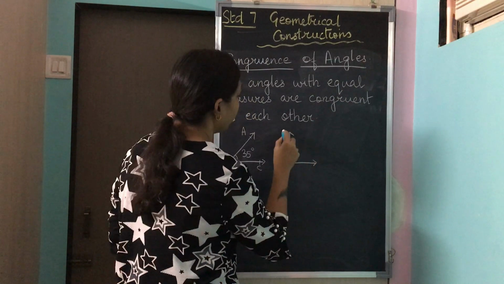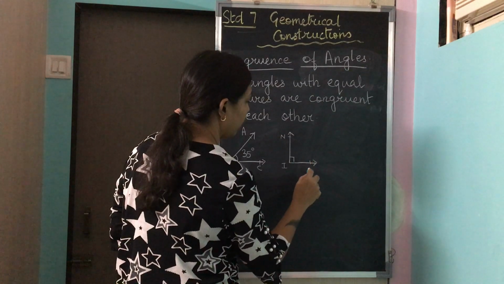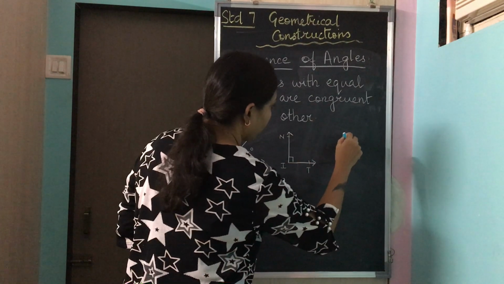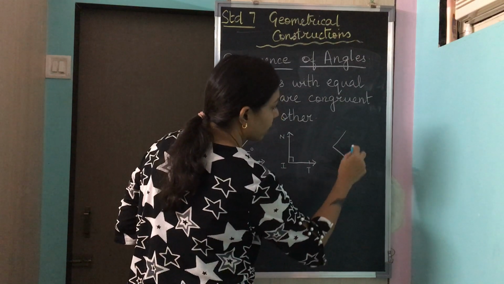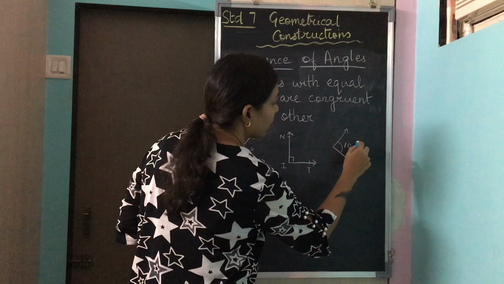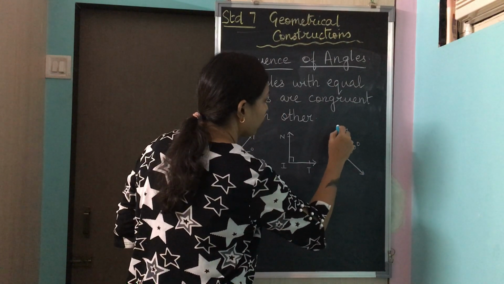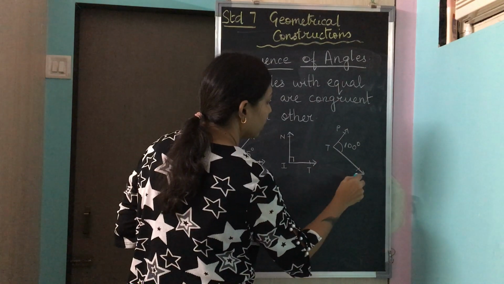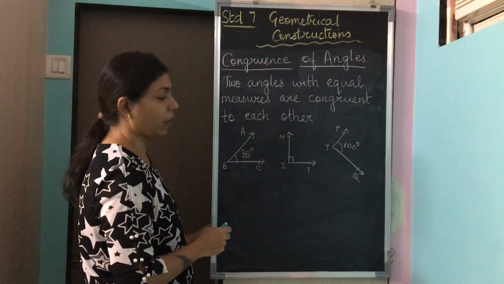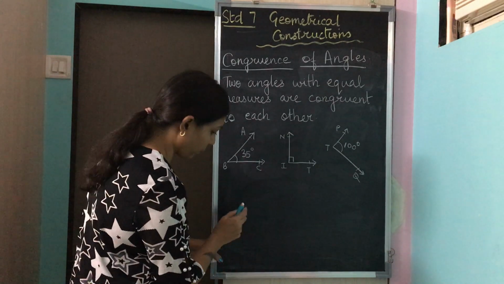Let's give it the name NIT, and I'm going to draw one obtuse angle which is having measurement 100 degrees, and we'll name it as PTQ. Now I'm going to draw another set of three angles.